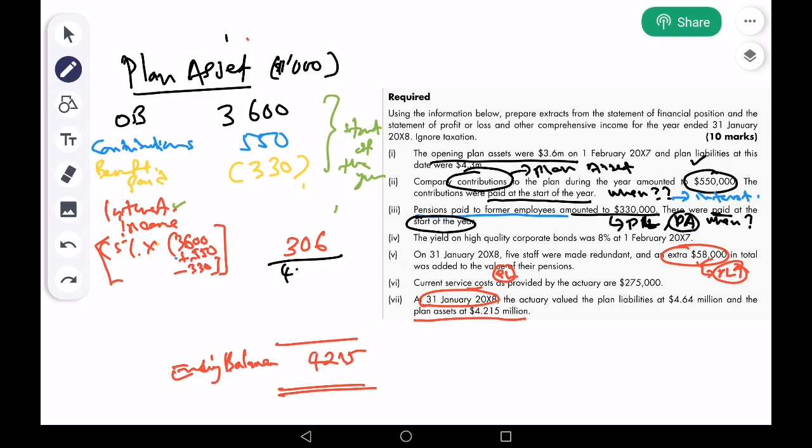You will get 4126. So class, increase or decrease, as you can see now? Great. You see an increase in your planned asset. Right? So that we call as what, class?